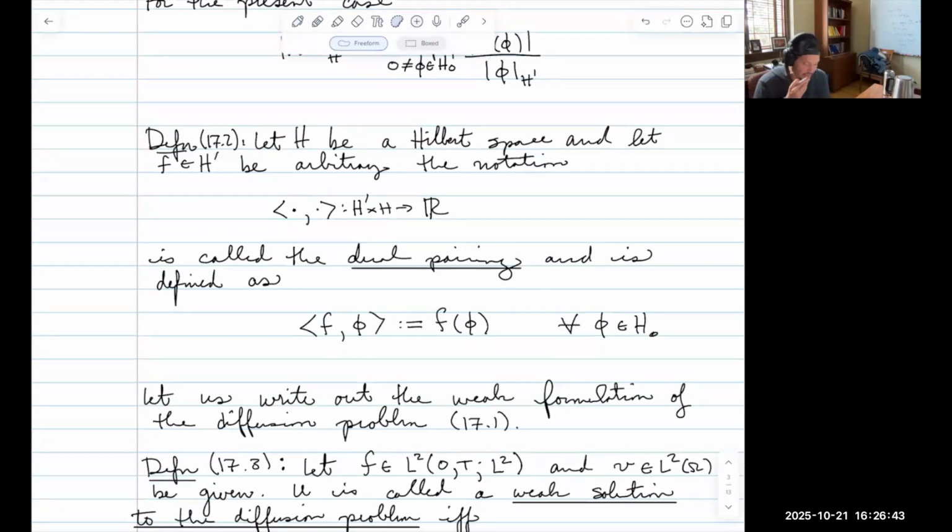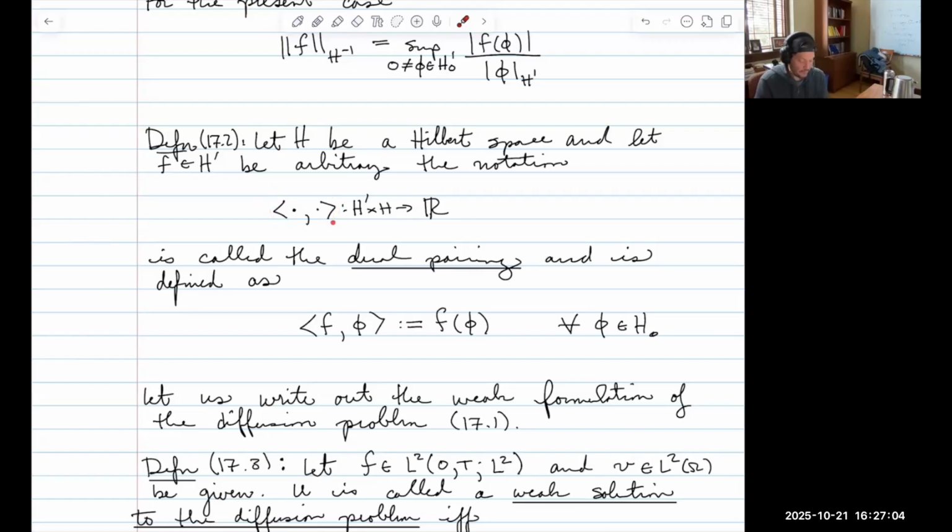All right, so let H be a Hilbert space and let F be an arbitrary functional from the dual space. Then the following notation is what we call the dual pairing. And instead of using parentheses, we're going to use these angle brackets.